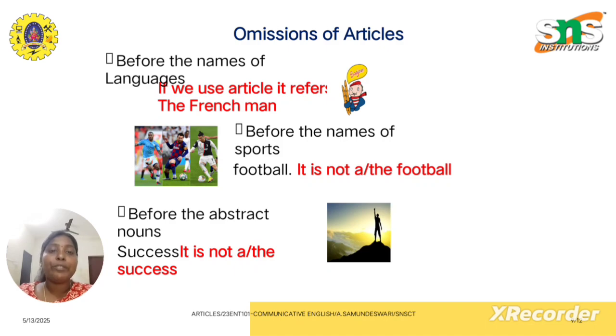For instance, if you say I speak the French, then the French denotes the people who are living in that country. And before the names of sports we will not use the article, and before abstract nouns also we will not use it. Abstract nouns are words such as happy, sorrow, sad, strength, strong, success. So these are all the words that can be listed under abstract nouns.